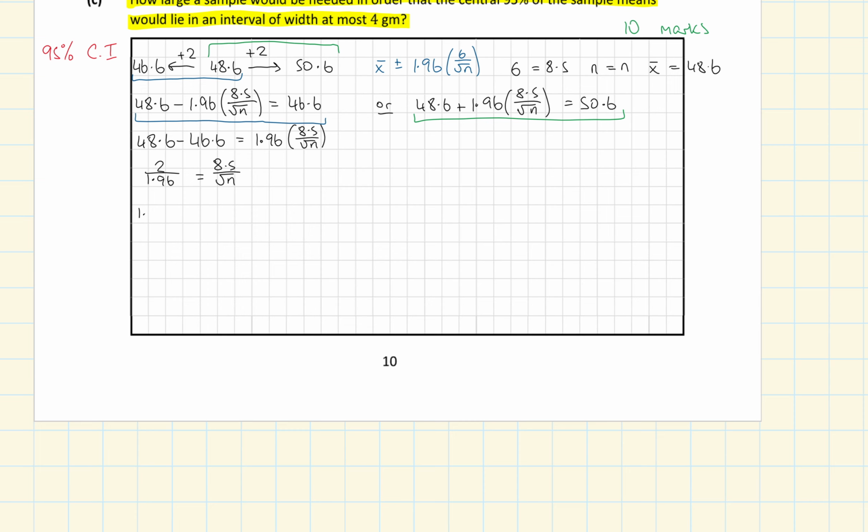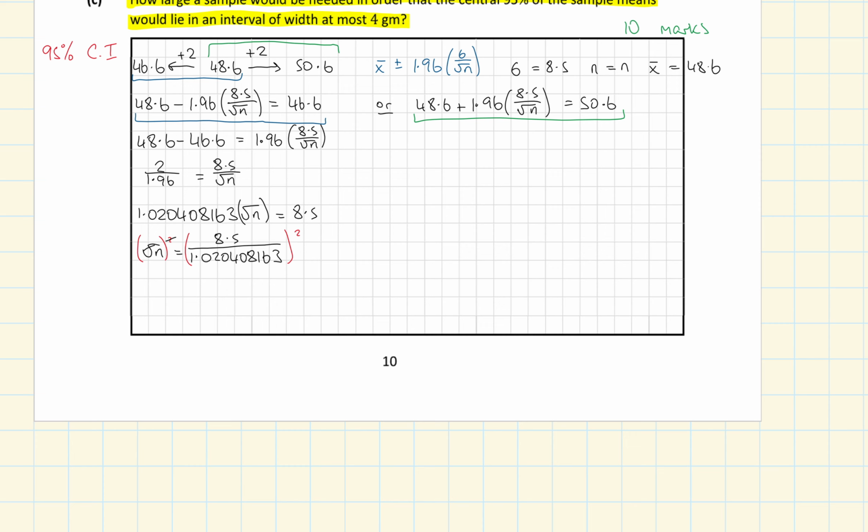So we get 1.020408163, and we'll bring up our root n. So then we get root n is going to equal 8.5 divided by our long decimal, 1.020408163.